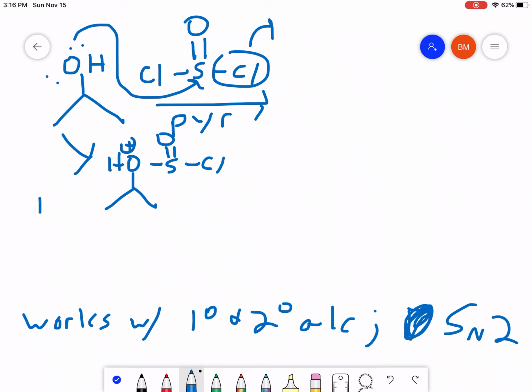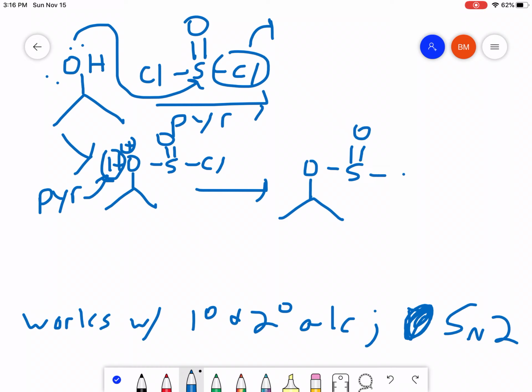And then your pyridine is going to come in, clean up that proton, to give you this. What we've done here is we've made it into a better leaving group, not water, but something else.